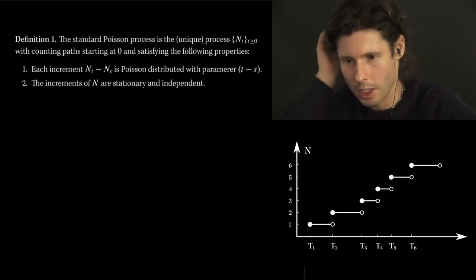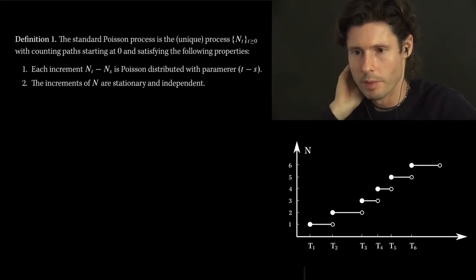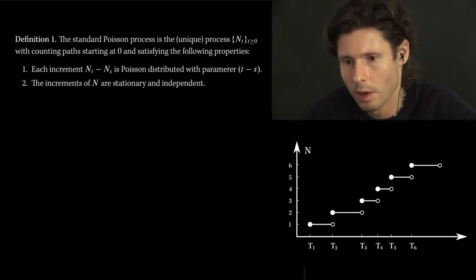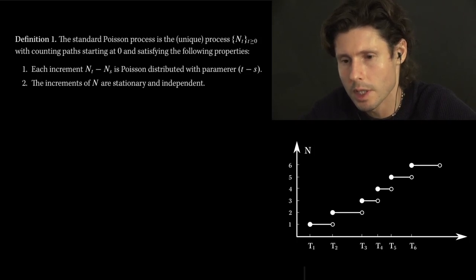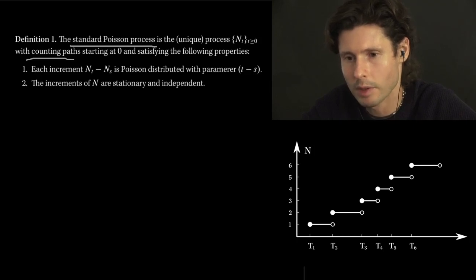Here's the definition that I want to dig into, mostly because it should remind you of another process that we studied, namely the Brownian motion. So let's go through this definition step by step. This is defining the standard Poisson process, and it's going to require it to have what are called counting paths. Remember, the Brownian motion had continuous paths.